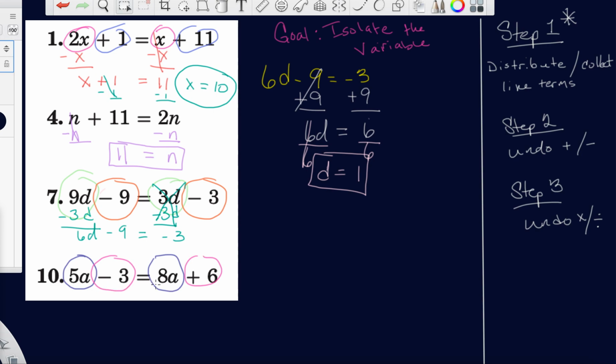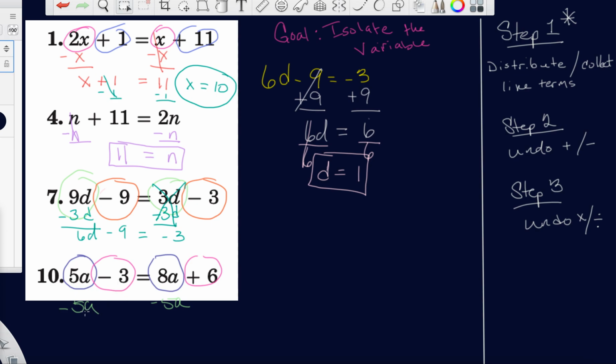Now, which side do I want my a's on? Well, I see a larger value over here on the right, so I'm going to put my a's on the right. Otherwise I'd be subtracting 5a from both sides, so why put it over here so I have a negative value? So instead, I'm going to subtract 5a from this side and subtract 5a from this side.